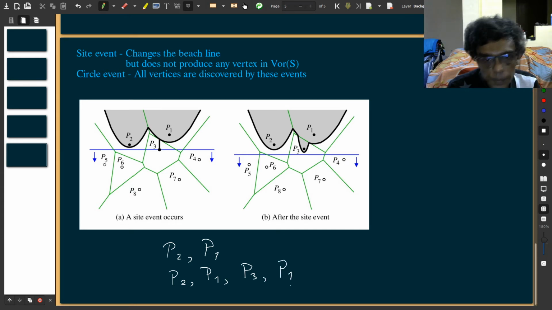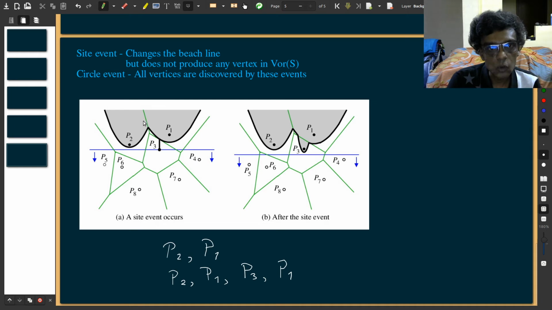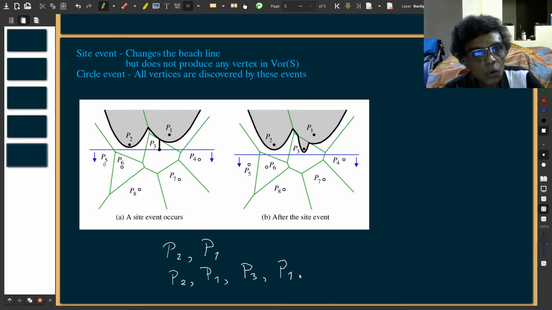This specification completely describes the beach line. The first term corresponds to site 2, the second to site 1, the third to site 3, and the fourth once again to site 1. So this is all we have to do when a site event occurs. It just changes the shape of the beach line by introducing a new parabolic arc and cutting one into two pieces.